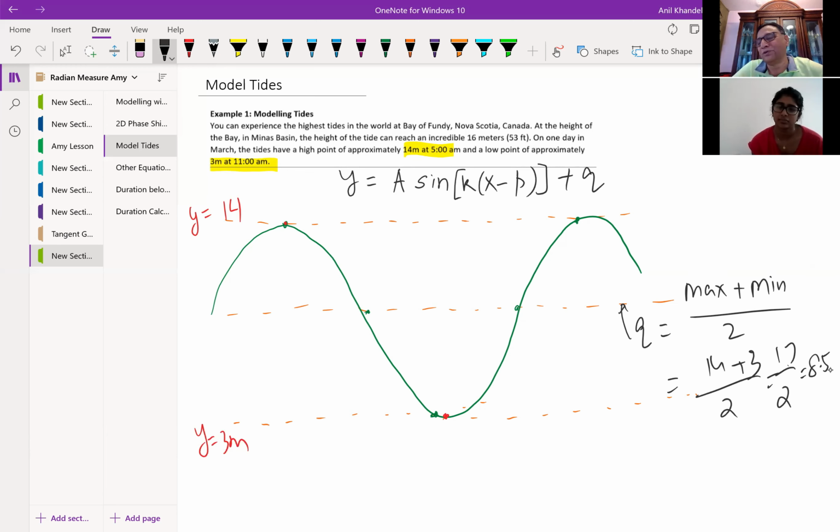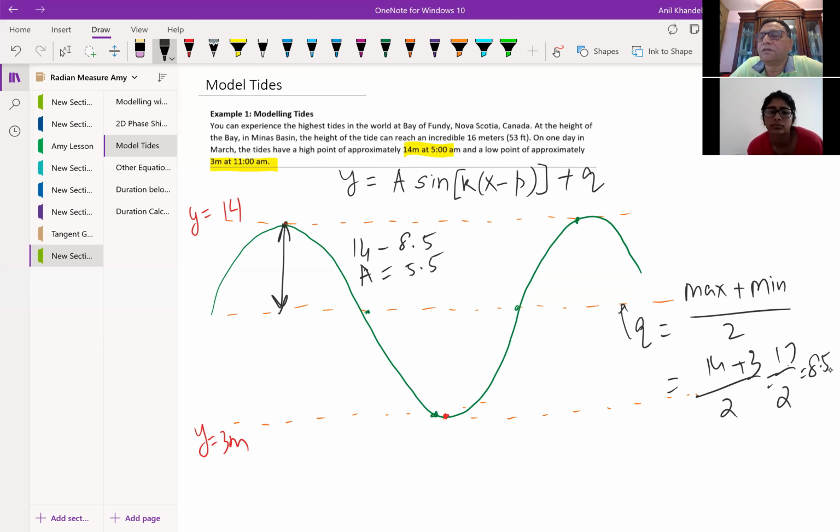So we got the value of Q, correct? Now, second thing, A. Capital A is the distance from the mean, the average, to maximum or minimum. So we do 14 minus 8.5, which is 5.5. So we got the value of A, which is 5.5, correct.